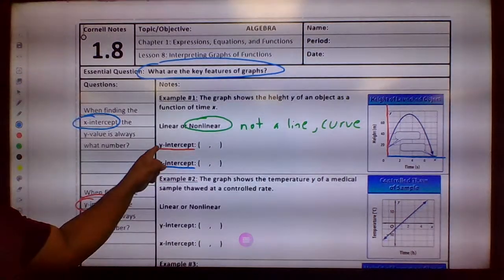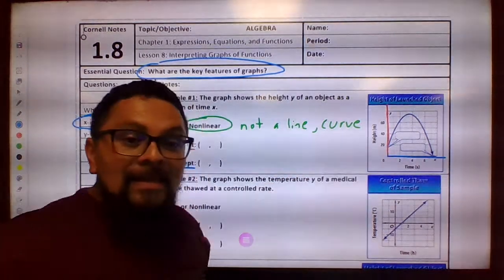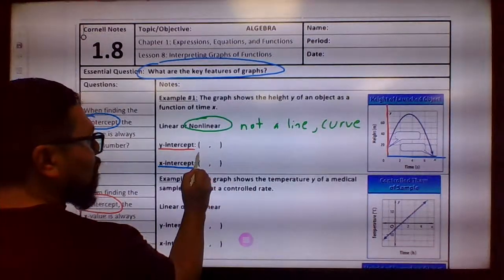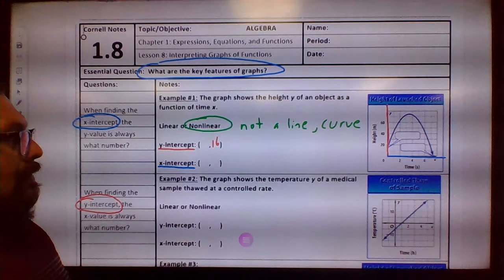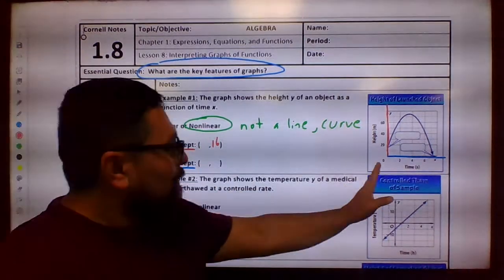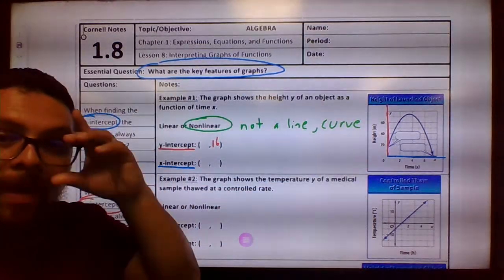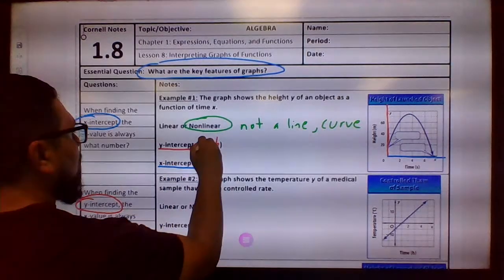Where does this curve cross the y-axis? It looks like it crosses it at 16. Remember, this is your x, this is your y. So you're going to put 16, and your x is at 0. That's where it crosses the y-axis.